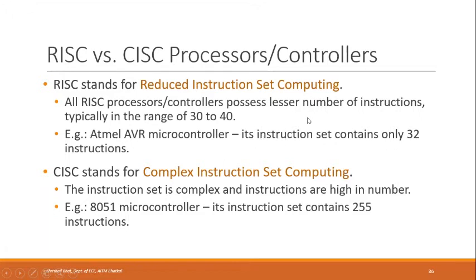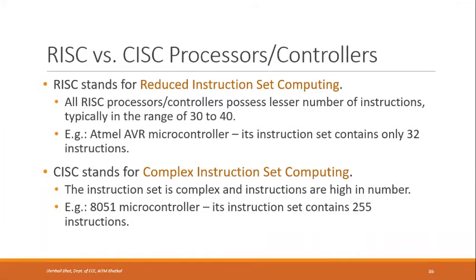But they can do the task like any other microprocessor or controller, though you need to write more instructions for that. The instruction set has fewer instructions, so if you want to perform a task, you need to write larger code. That is the drawback.